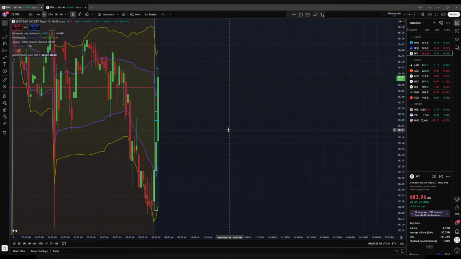All right, 30 seconds left. It looks like we may get step 1 of the setup here, which step 1 is a close above VAH, which is the red line right here.